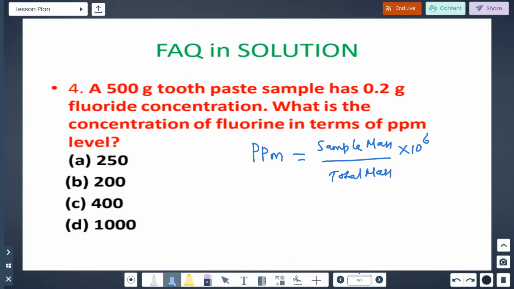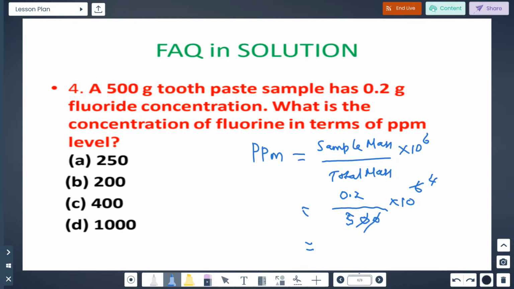See, 500 gram toothpaste sample has 0.2 gram fluoride ion. Okay, so total mass is what? 500. Understood? The sample has 0.2 gram fluoride ion. That we should put in the numerator into 10 power 6. So million, no. Then we put 10 power 6. Then if we simplify you can get the answer. Suppose here, 0, 0 cancel. It becomes 4 times.